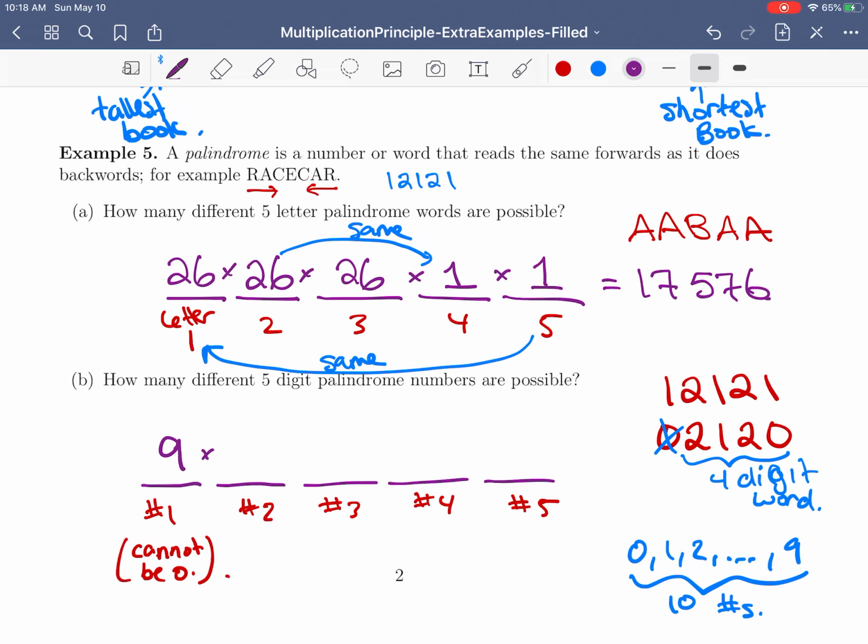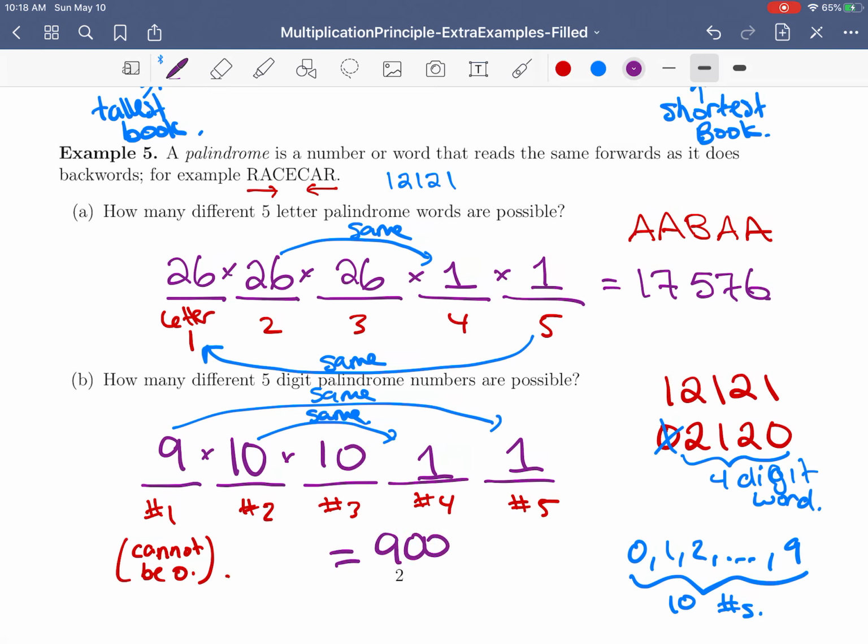Once we pick the number in spot 1, we have already picked spot 5, because it has to be the same. Now when we do digit 2, we can be 0, so our number of options goes to 10. When we pick that, spot 4 is already chosen. It has to be the same number. And then the middle spot can also have 10. So we're going to have 900 different 5-digit palindromes.